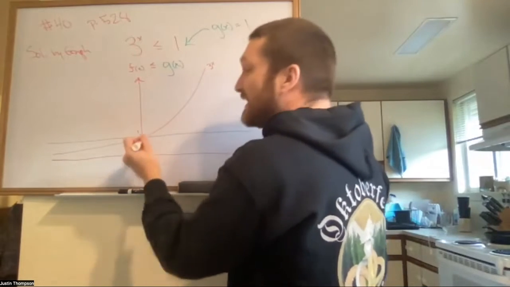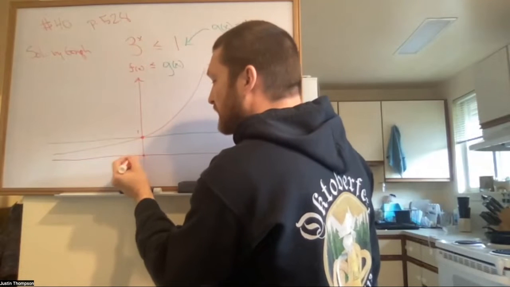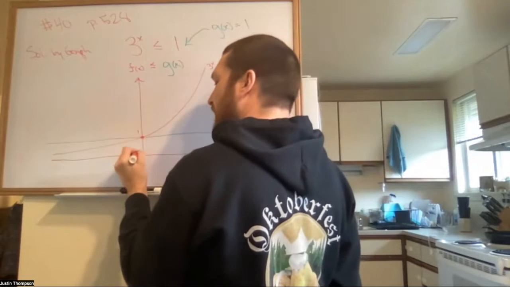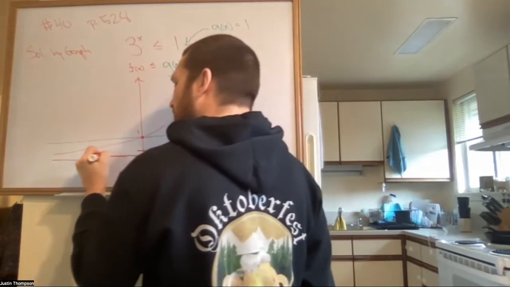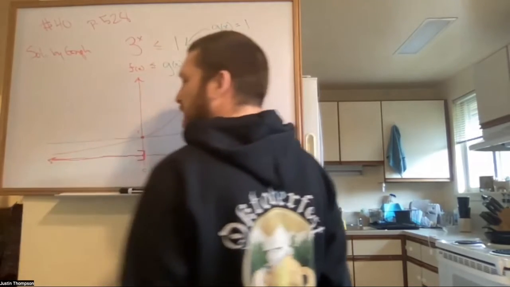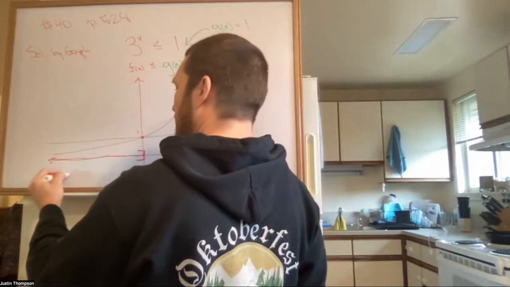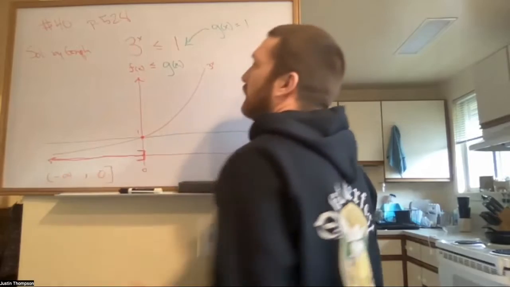So that is a solution. That does make that true. So we're gonna include 0. There's 0. And I can see it's true all the way down there. And so I'm gonna say all of these values right here and all the way down forever and ever. And so that is the interval negative infinity up to and including 0.